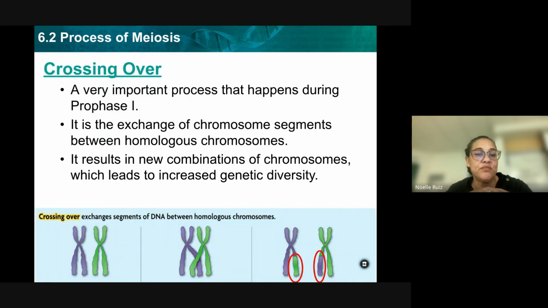Crossing over is a very important process that happens during prophase 1. It is the exchange of chromosome segments between homologous chromosomes. It results in new combinations of chromosomes, and this leads to genetic diversity. So if you have siblings, you and your siblings all have the same parents, but your features and your genes are not the exact same, no matter how much you look alike.